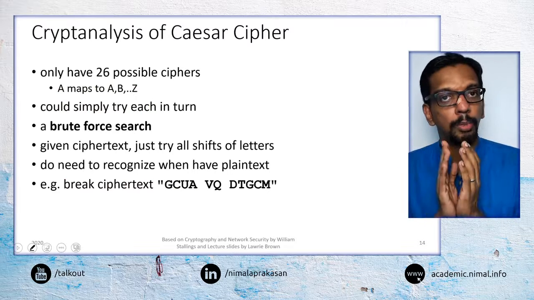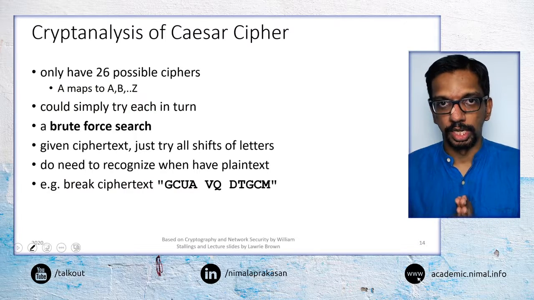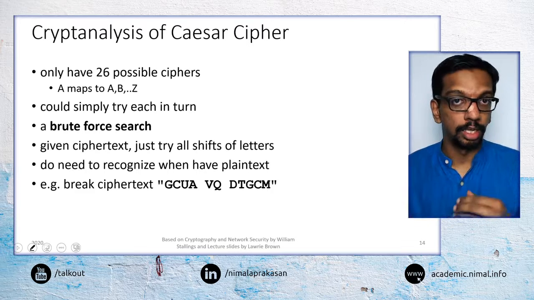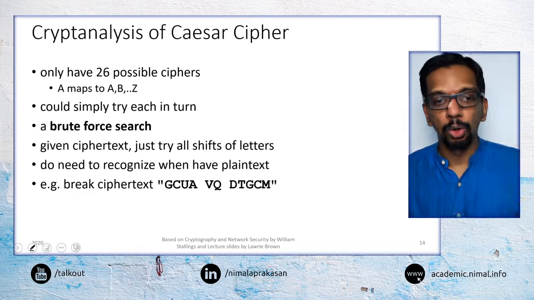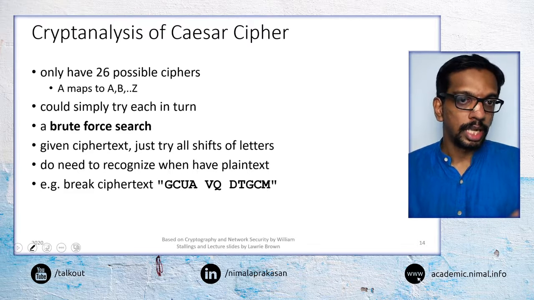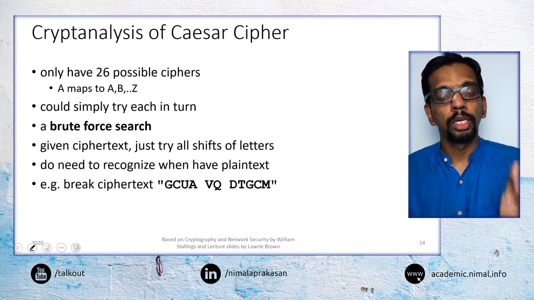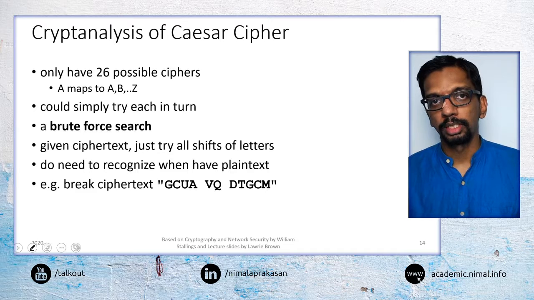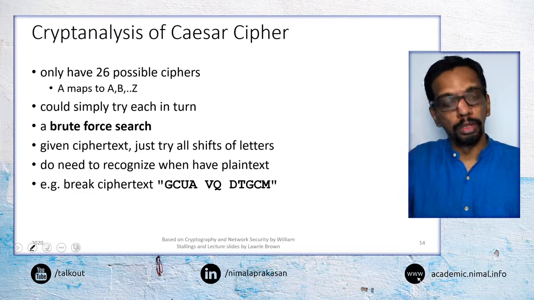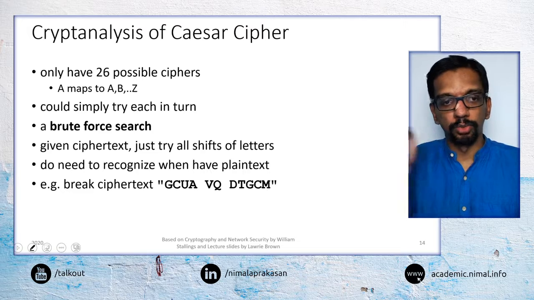Then if we think about cryptanalysis of the Caesar cipher, cryptanalysis is trying to guess the plain text from the ciphertext and also guessing the key. With the Caesar cipher, there are only 26 possible ciphers, because we are just moving 3 letters, or maybe 4 letters or whatever.